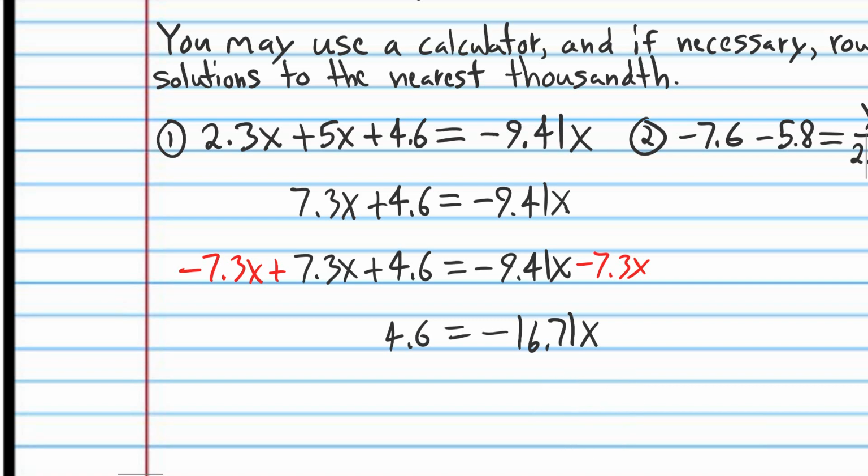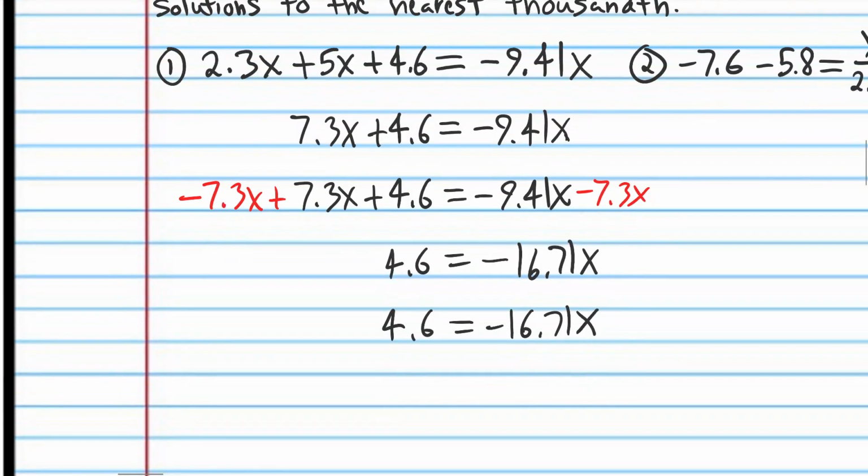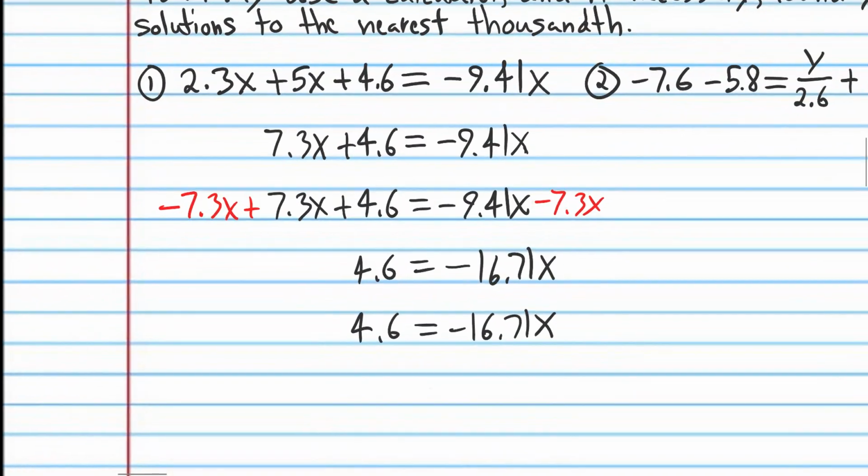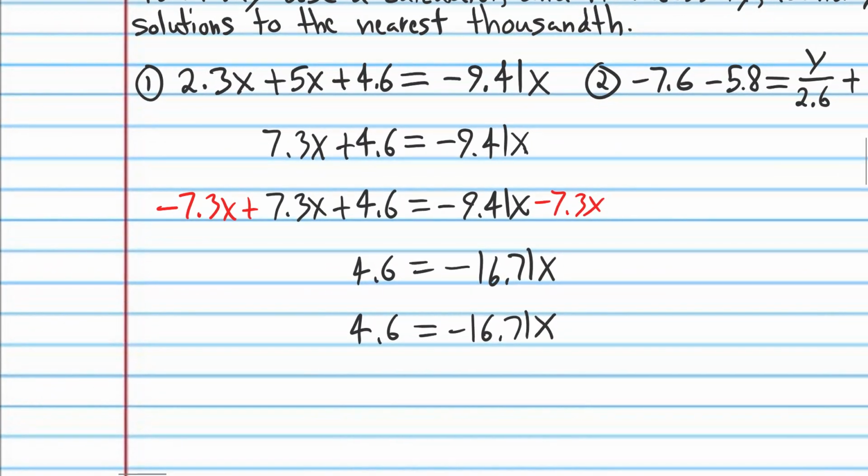So we're about to perform an operation on both sides of the equation here. So we're going to rewrite. And divide both sides by negative 16.71.